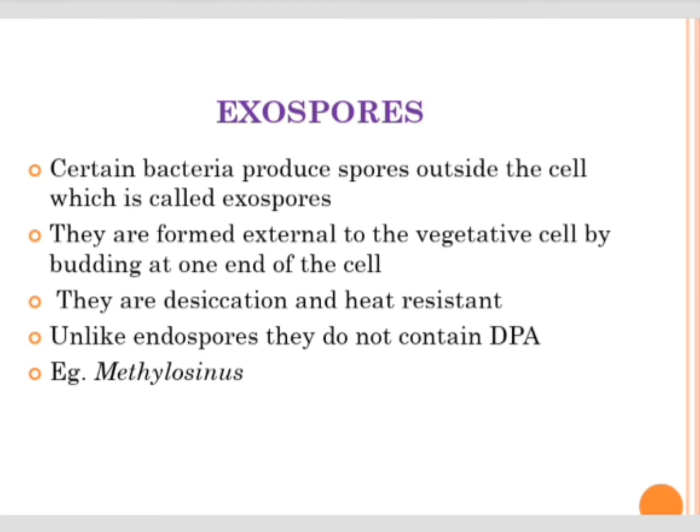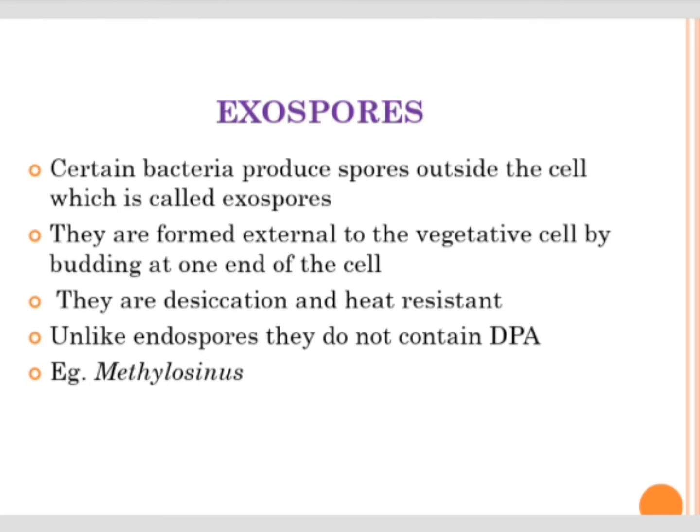So the difference is that endospores are produced inside the bacterial cell, whereas exospores are seen outside the bacterial cell, formed by a process called budding. Although they are heat and desiccation resistant like endospores, they do not contain the DPA which is very common in endospores. An example of a bacterial genus that forms exospores is Methylosinus.